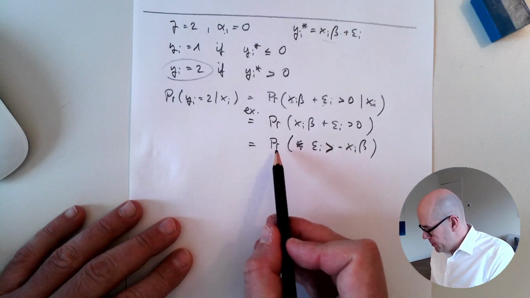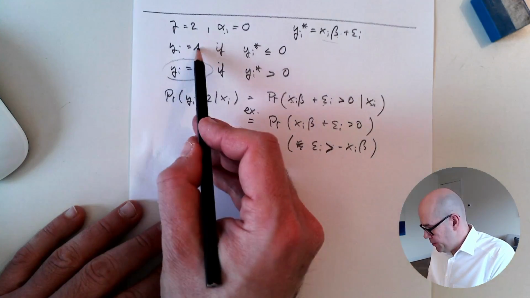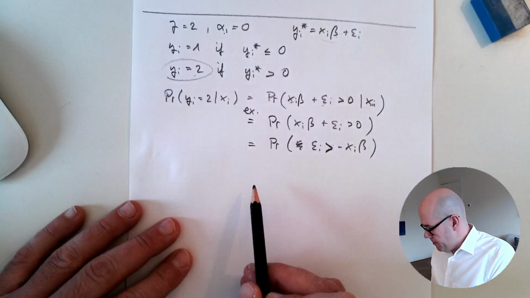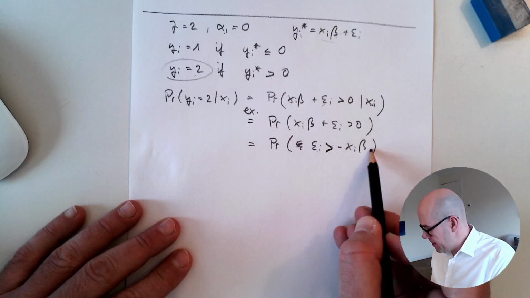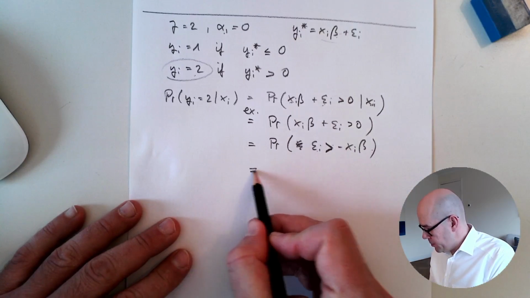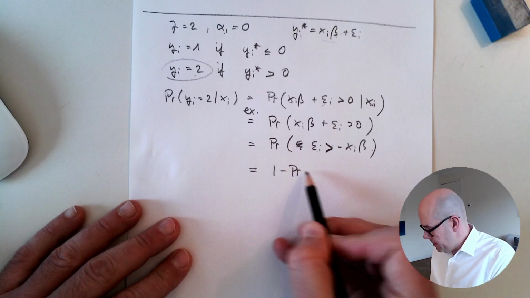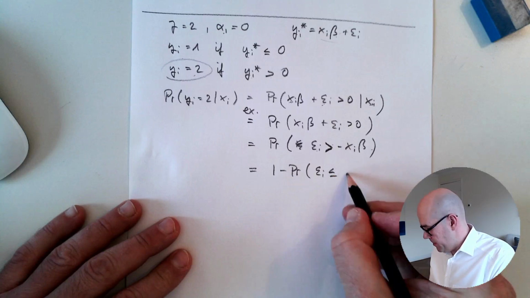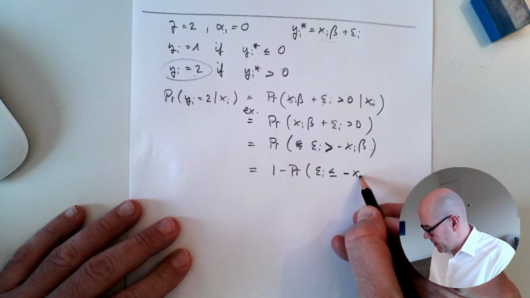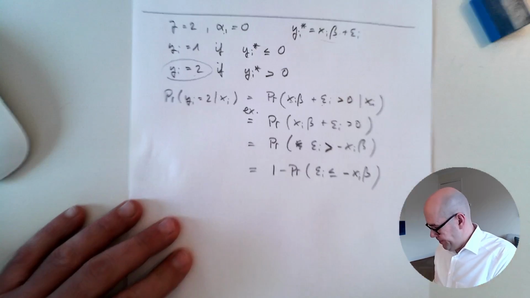And of course, since I have only two outcomes, the probability that epsilon is greater than minus xi beta is equal to 1 minus the probability that epsilon I is less than or equal to minus xi beta. Okay.